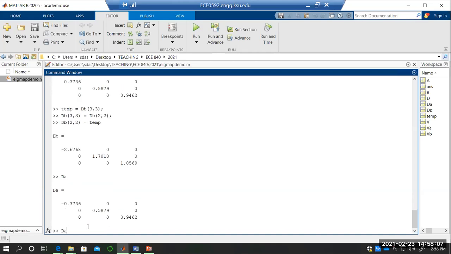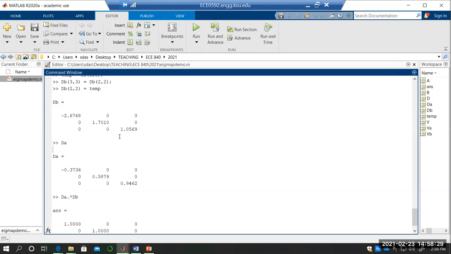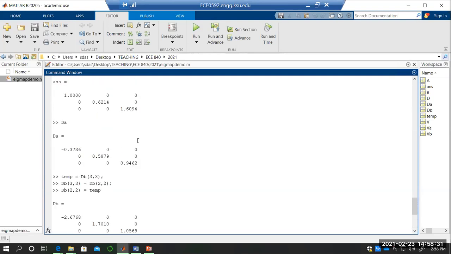Now dA dot star dB will be equal to the identity matrix, which shows that the eigenvalues are mutually multiplicative inverses. But the eigenvectors would be the same.